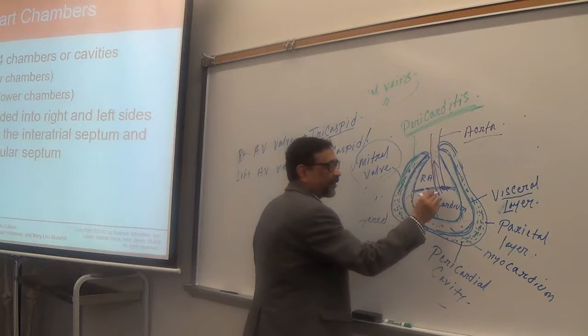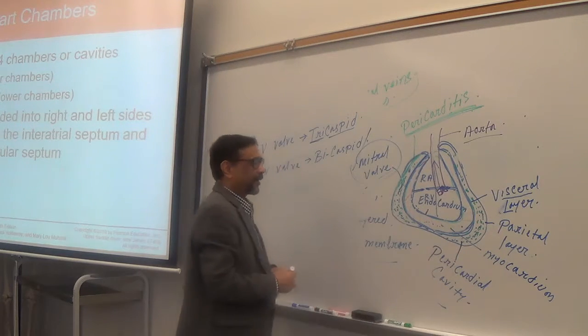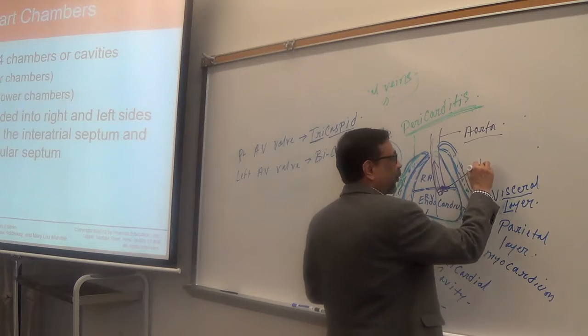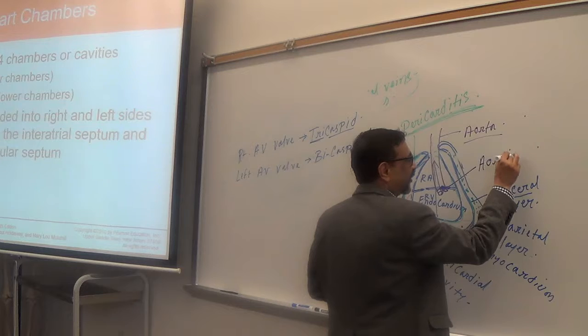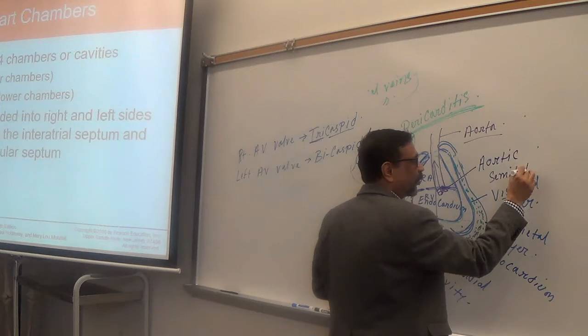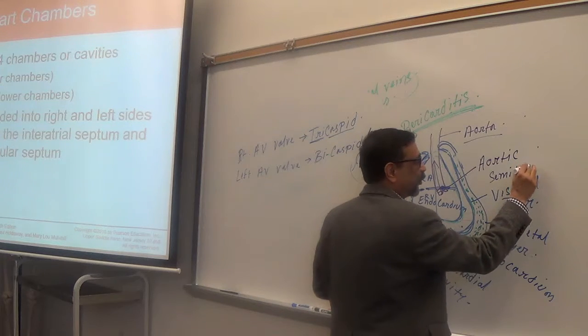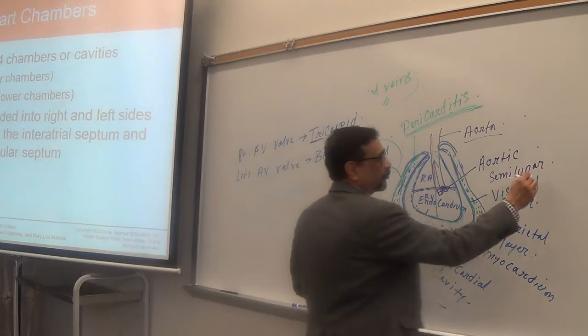And at the beginning of aorta, you have semilunar valves. And this is called aortic semilunar because it is in the aorta. Half moon. Lunar means moon. You know that. Aortic semilunar valve.